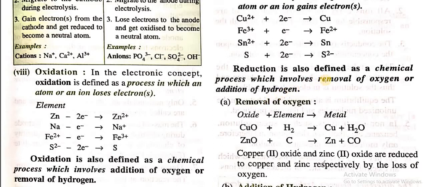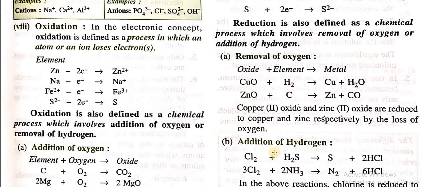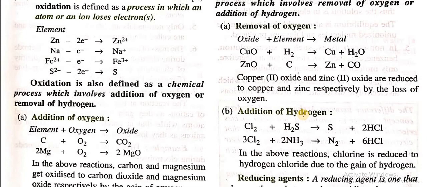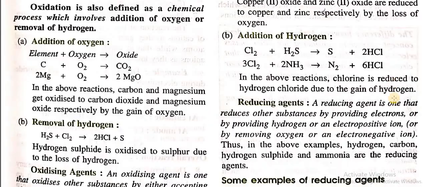It is defined as a chemical process which involves removal of oxygen or addition of hydrogen, just the opposite of oxidation. So removal of oxygen: copper oxide plus hydrogen giving you copper plus water. Over here, oxygen has been removed. Next, addition of hydrogen is also reduction. Chlorine plus H2S giving you sulfur plus HCl. So in this, if you see, hydrogen gets added to the chlorine to form HCl.